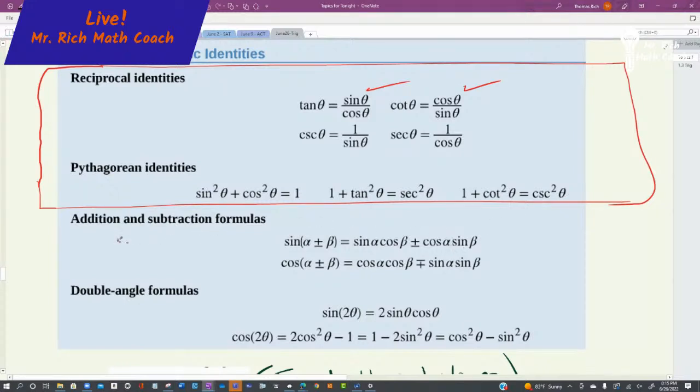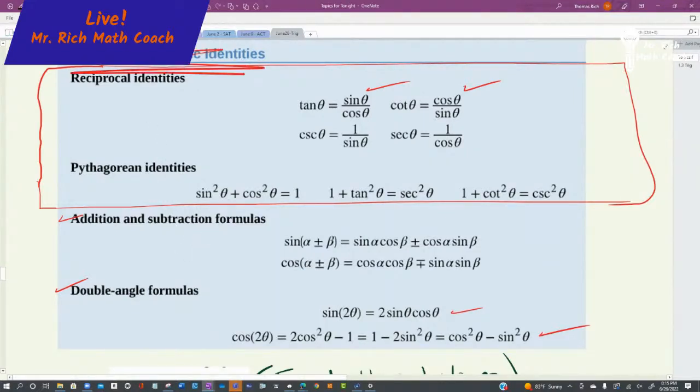Now, do you need to know addition and subtraction? Yeah, I would definitely memorize these as well. It's possible that those can come up, especially the double angle. I would say the double angle formulas are probably more common than even the addition and subtraction formulas. So that's what I would go with there.